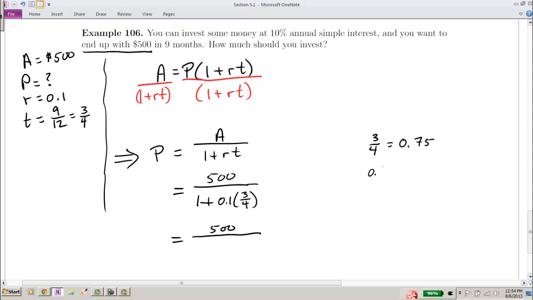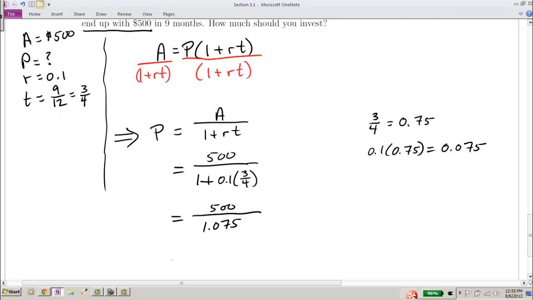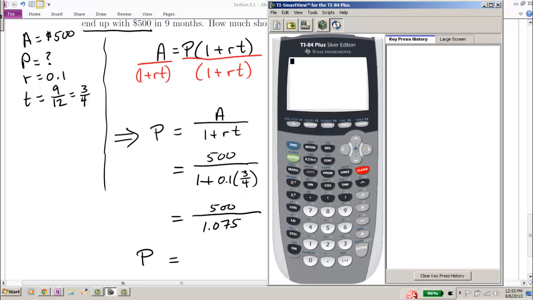So 0.1 times 0.75 is 0.075. And so if we add 1 to that, we'll get 1.075. And so now all we need to do is divide 500 by 1.075.